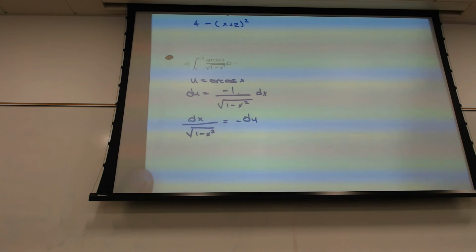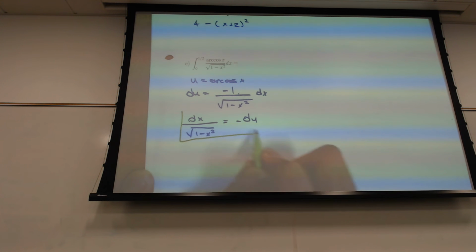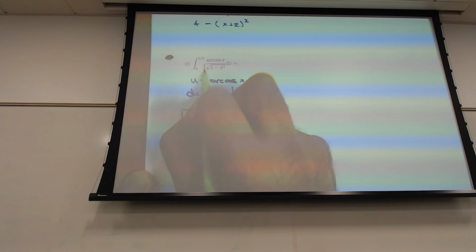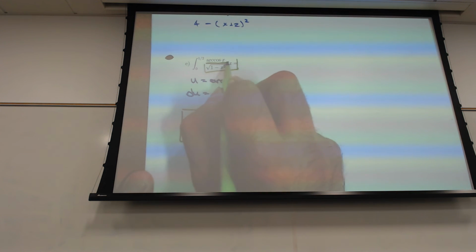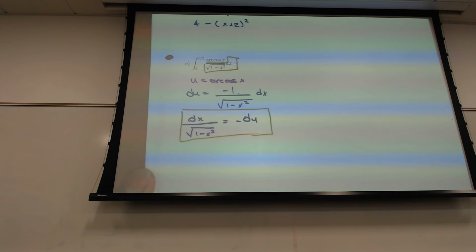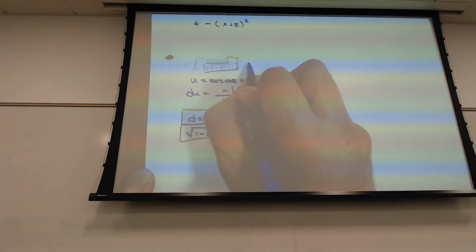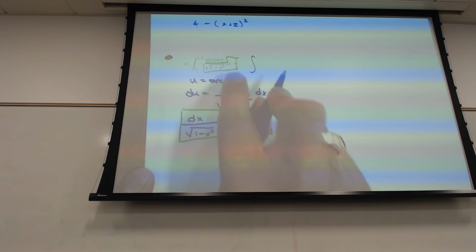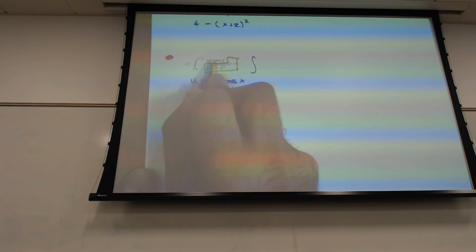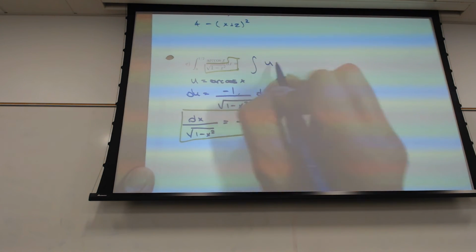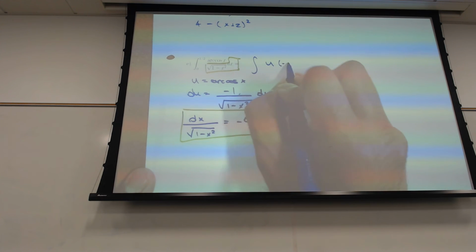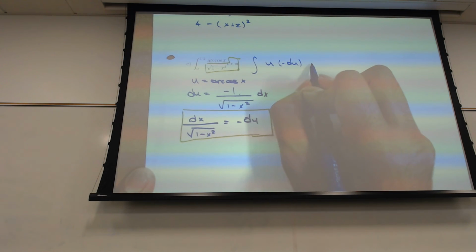In this case, the quantity that I'm boxing here will be replaced with negative du, and the quantity arccosine x will be the u. And let me clean up the negatives.